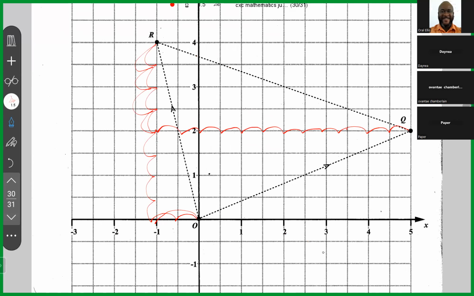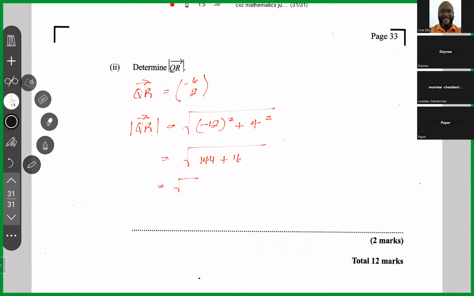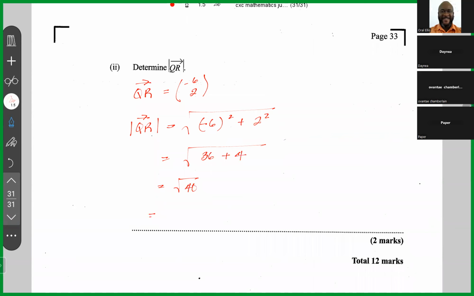So it's (-6, 2). So the magnitude is the square root of -6 squared plus 2 squared. This is 36 plus 4. This is the square root of 40. And the square root of 40, I don't know. Let's just write it as the square root of 40 units.